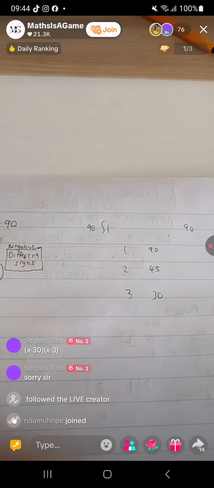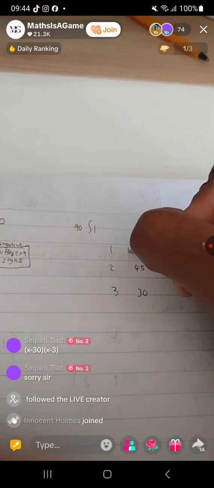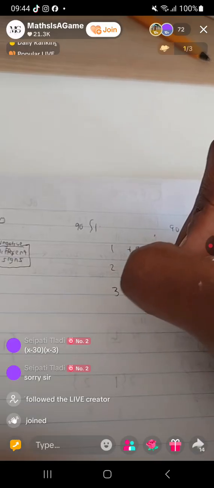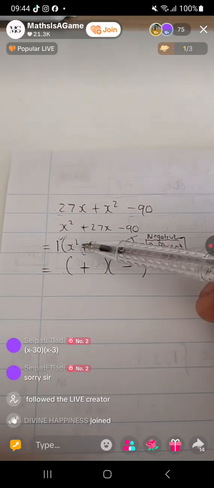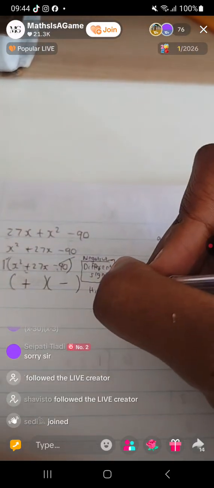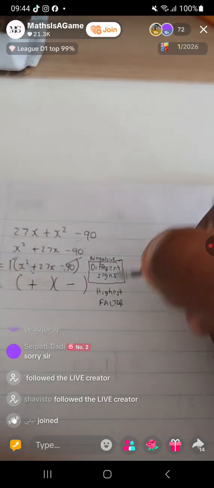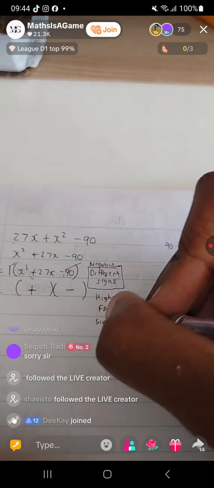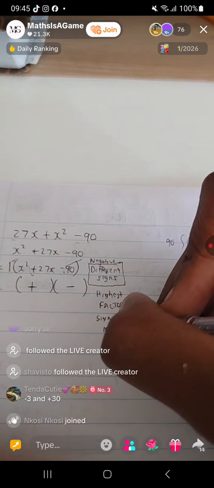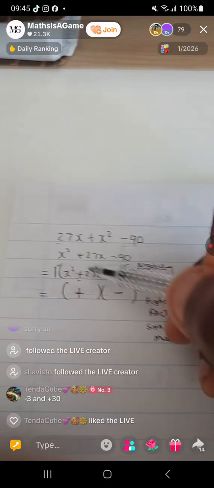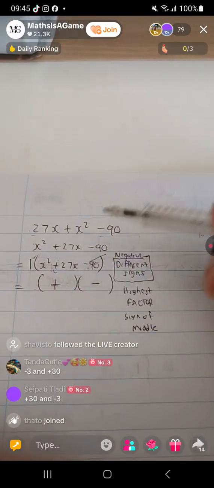And guys, immediately, I don't have to go on any further because remember, we said that the sign of the middle term means the highest factor is going to have the middle sign. The highest factor is going to have the sign of the middle term. Remember, if there was a minus here, we would say the highest factor is going to have a negative sign.